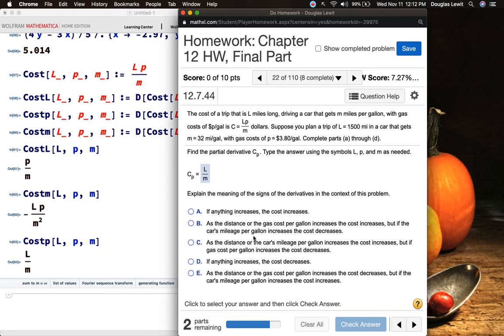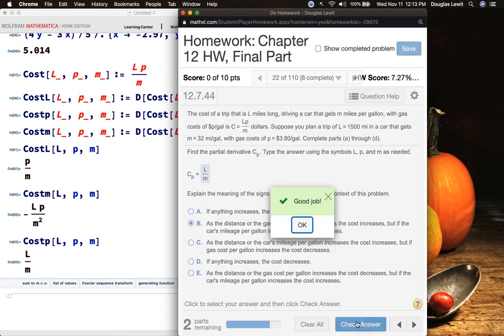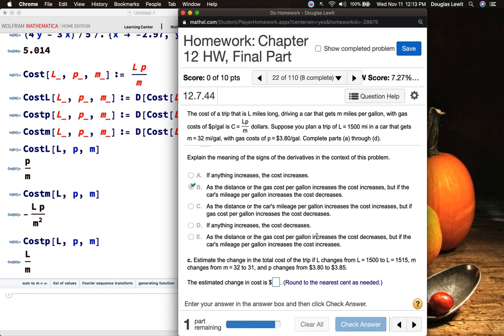But if the car's mileage per gallon increases, the cost decreases. That's actually correct. If anything increases, the cost increases. This is wrong. As the distance or the gas cost per gallon increases, the cost increases. But if the car's mileage per gallon increases, the cost decreases. Okay, it's going to be option B.